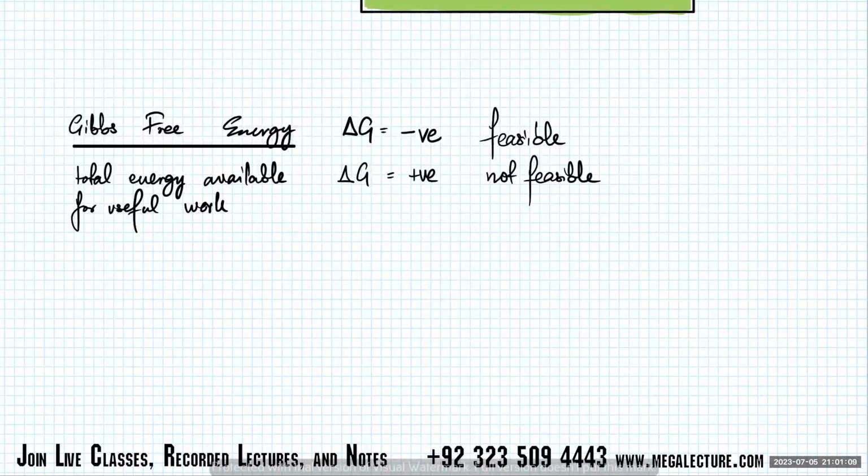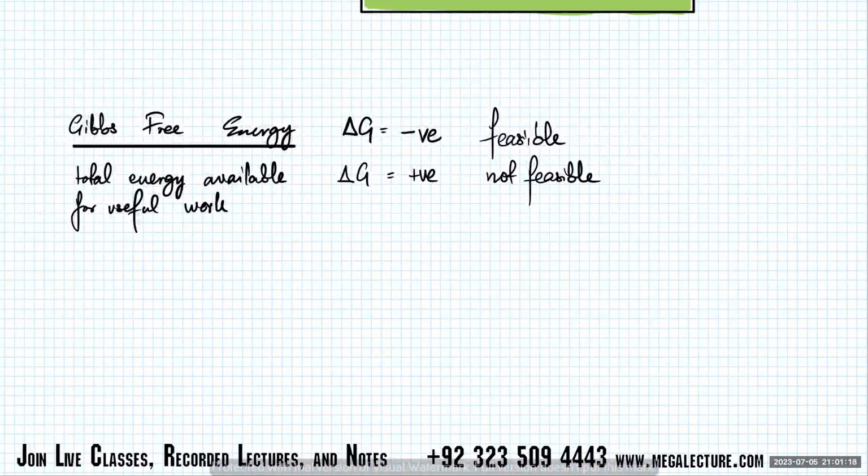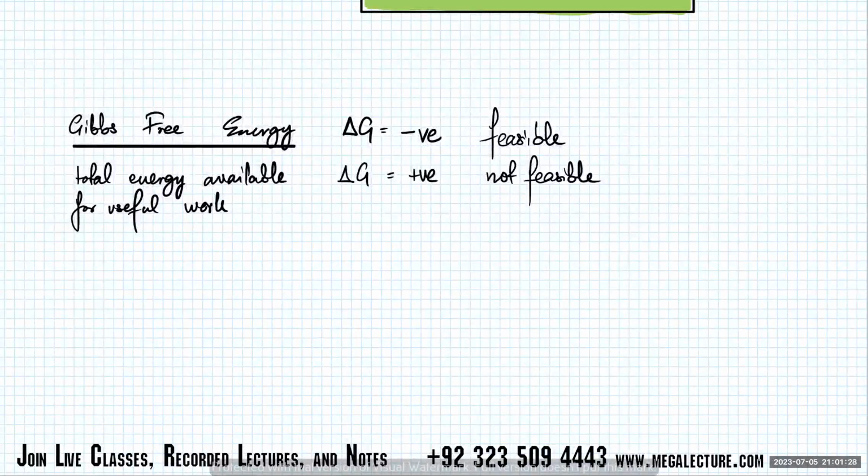So sometimes a reaction is going to be feasible, sometimes it's not. Now, this is boiling water. Do you think that's feasible or not feasible? What about boiling water? Additional information: is boiling water at minus 100 degrees centigrade feasible or not feasible?